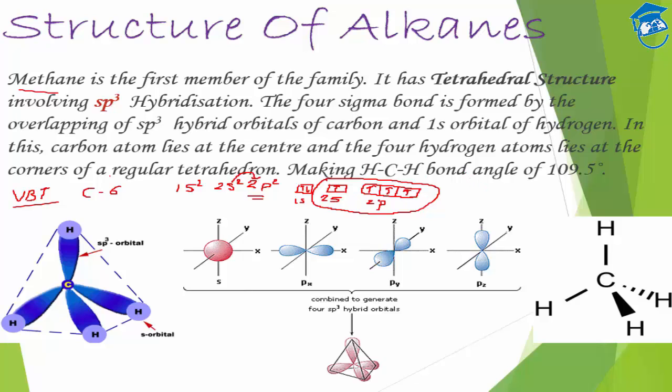Instead of s and p, they mix up and lose their identity as s and p. The s and px, py and pz mix up to form 4 sp3 hybrid orbitals like this. Since they are identical, their bond length will be similar.